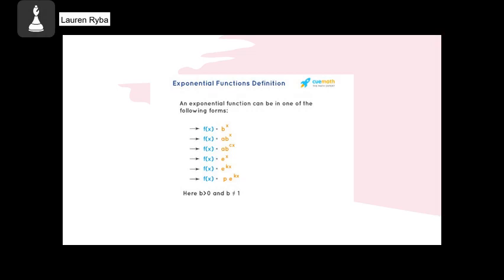The following are examples of an exponential function. What's going to happen is we're going to have a number as the base, and the exponent is going to be the x. So this first one here, b to the x, could be like 2 to the x power. The next one is two numbers multiplied, so maybe that's 2 times 3 to the x power.